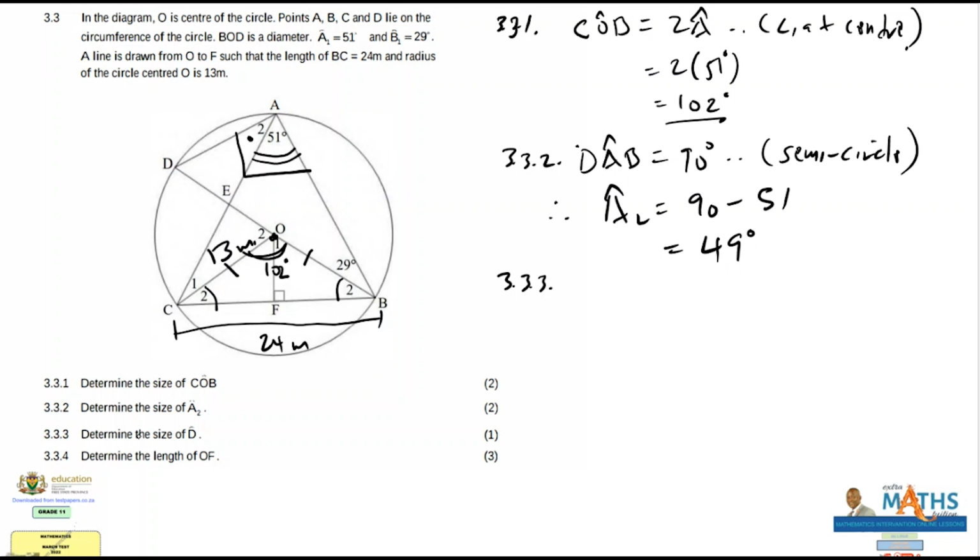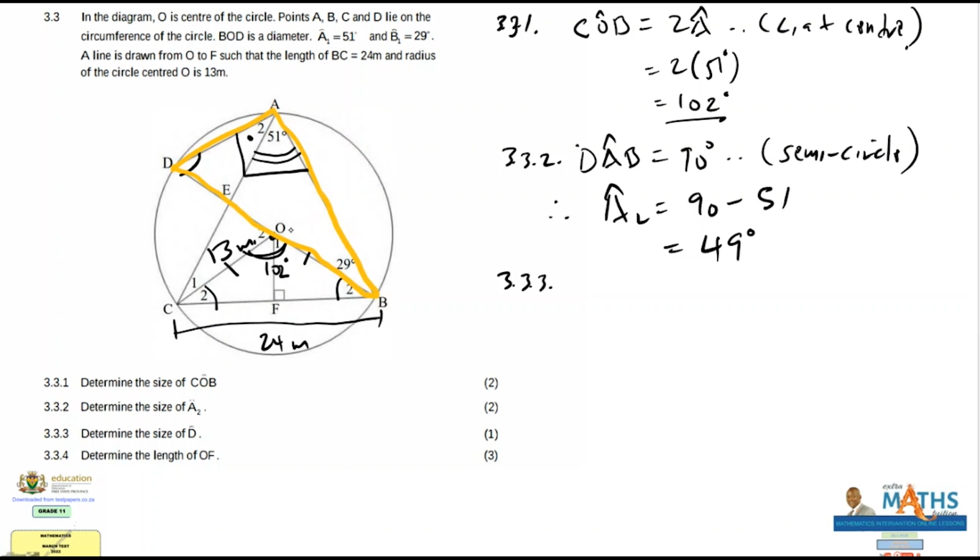Let us look for the size of angle D now. Where is angle D? There is angle D. We have 90 degrees, guys. We have 29 degrees. If we check, we have a triangle here, DBA.